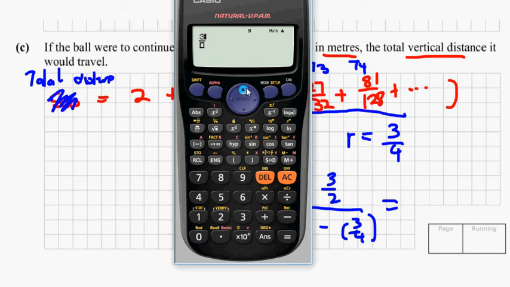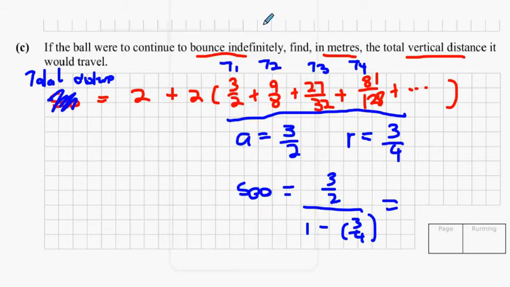And then we'll change this to 3 over 2, 1 minus 3 quarters, which is 4. 6. Interesting. That's 6. So that's 2 plus 2 times 6, which means 14 meters in total. Okay, so question 4 was quite easy.